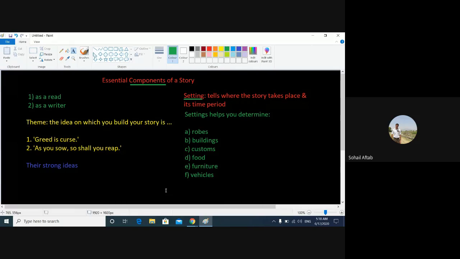Now let me go to the text and relate the setting, how and where setting is present in the story, Button. I'd like to go back to the first page of the story and read a couple of lines for you to relate those lines to setting.